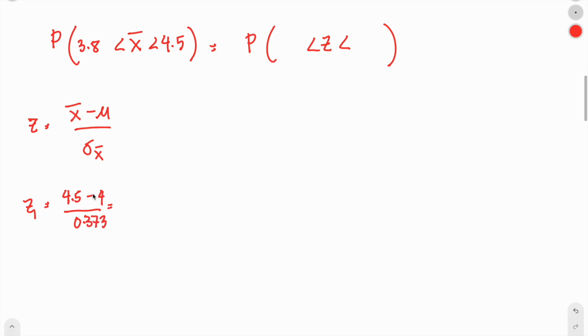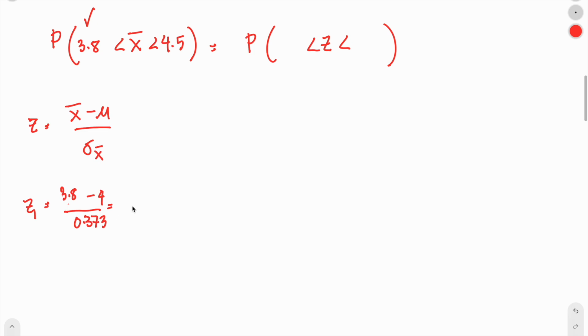0.373. So this is, z1 is smaller. This is your z1, 3.8.